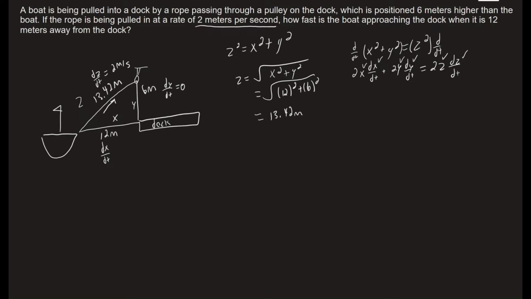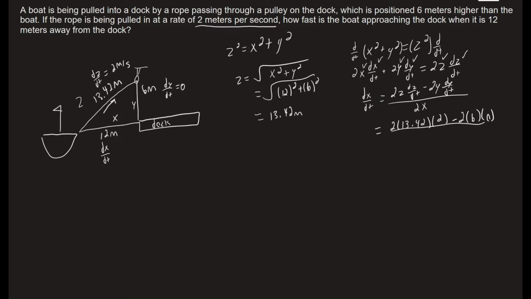So if we arrange for dx over dt, we're left with 2z dz over dt minus 2y dy over dt divided by 2x. So let's plug everything in. So 2 times 13.42 times 2 minus 2 times 6 times 0.